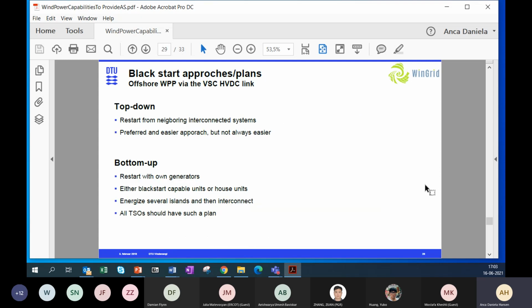Then I have just a few slides about Blackstart capabilities and approaches. As you may know, there are two Blackstart approaches. One is top-down, where we start from neighboring interconnected systems, as Bent also mentioned this morning.